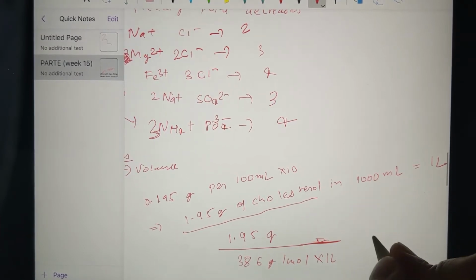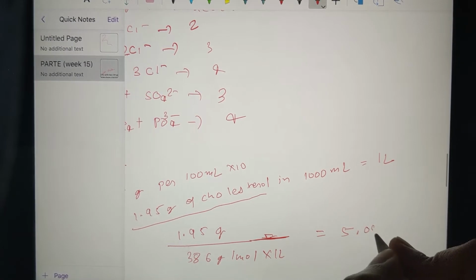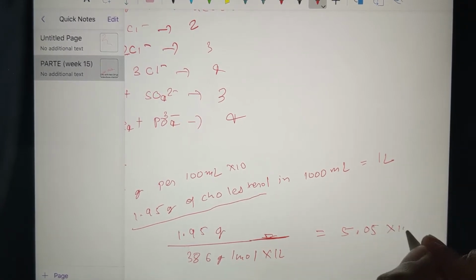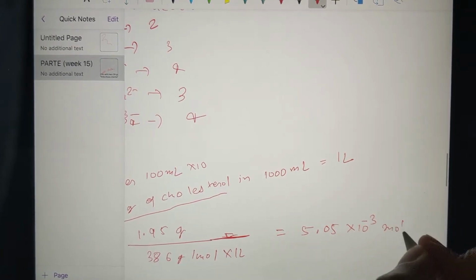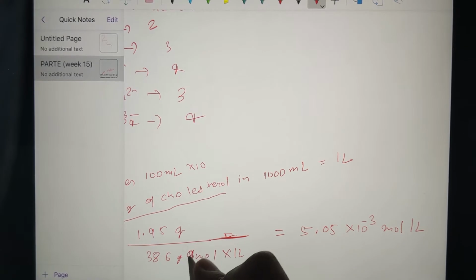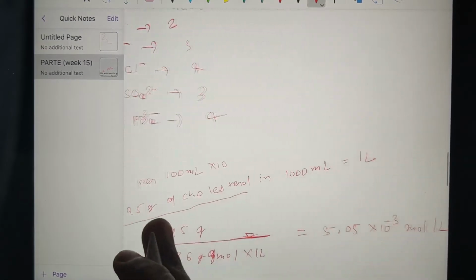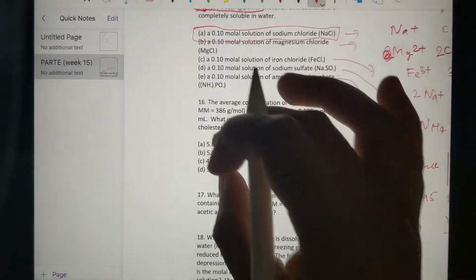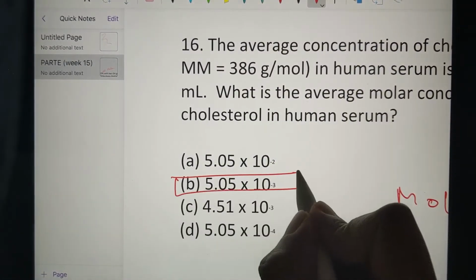If you calculate that, it's going to come around 5.05 into 10 to the power minus 3 mole per liter. Okay, so B will be the correct answer.